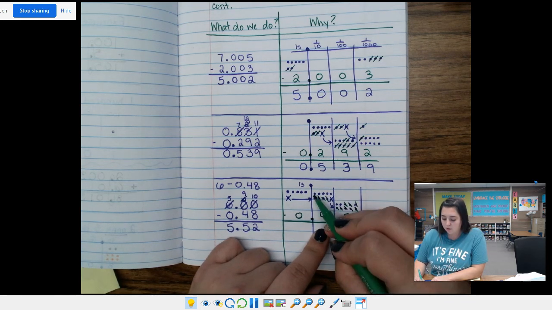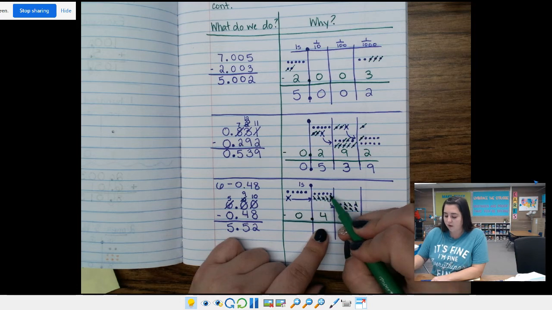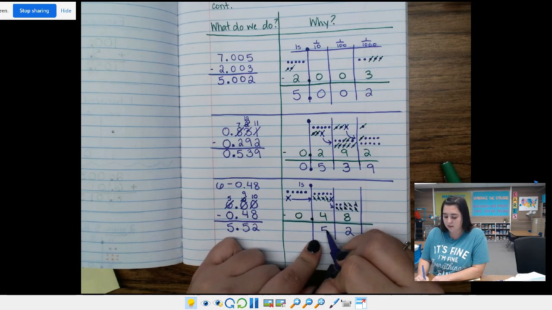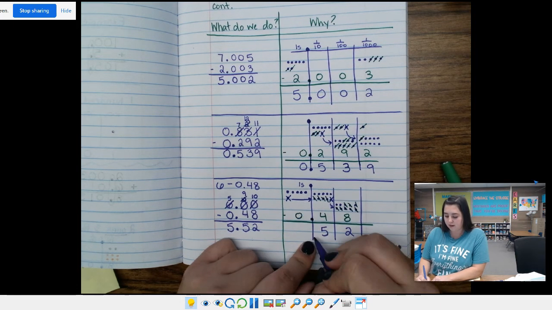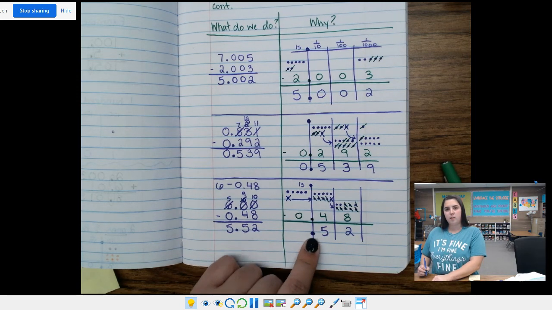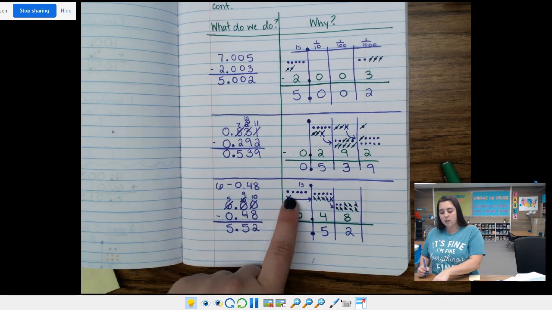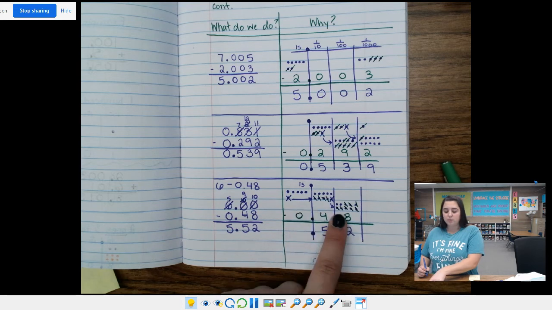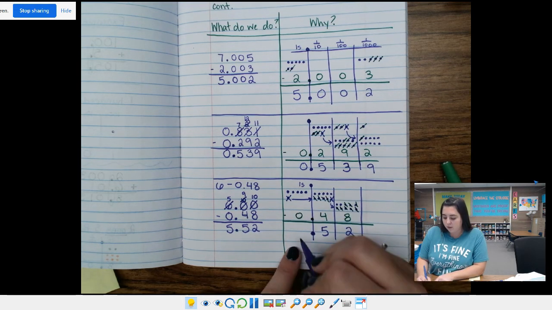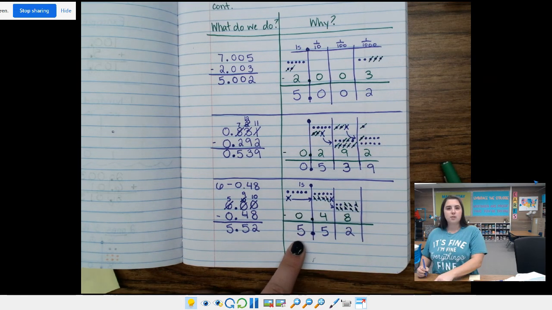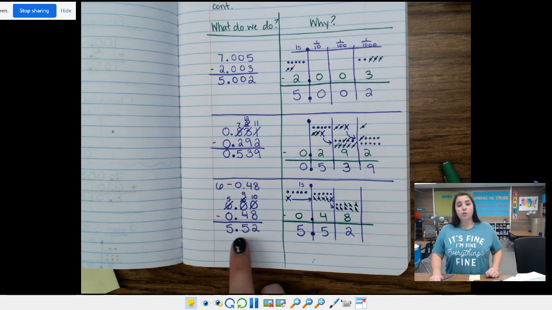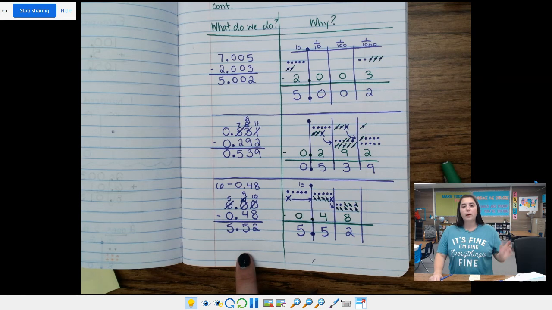And that leaves me with 1, 2, 3, 4, 5 dimes left over. Don't forget about my decimal. I had $6. I had to exchange $1 to make some change. So I'm left with $5. All right, I hope this makes sense. Again, if you're struggling with the regrouping, these are things we should know by now. So go back, do the Khan Academy.